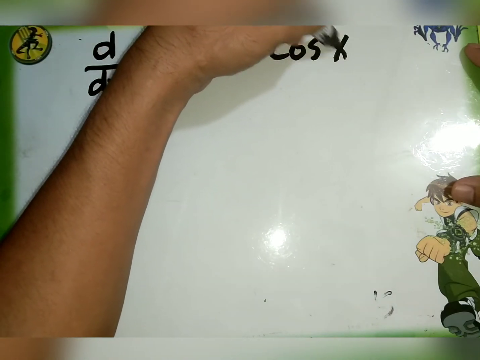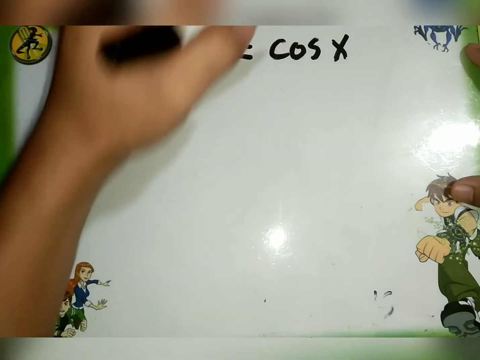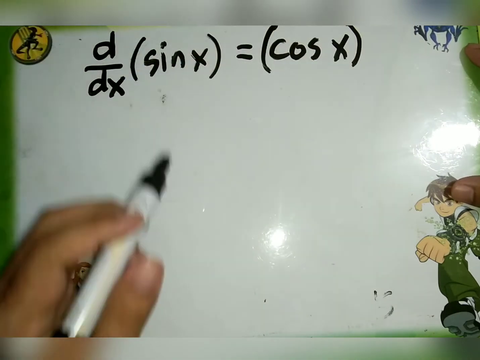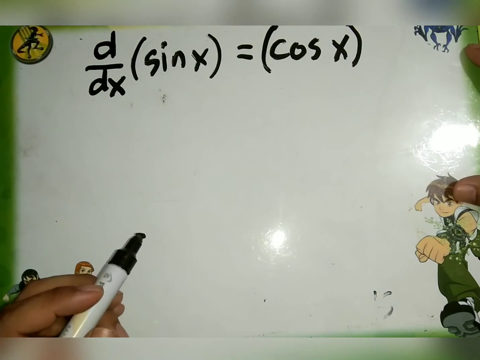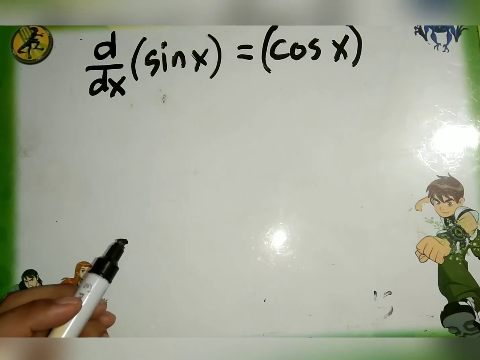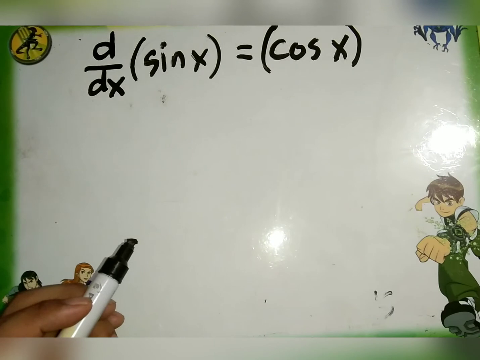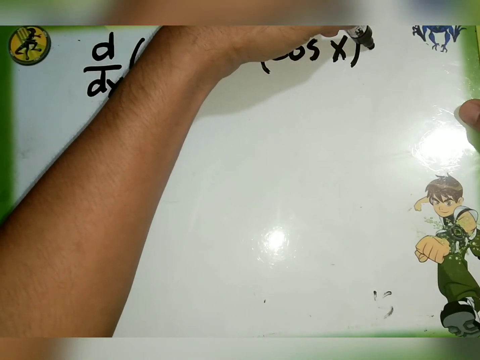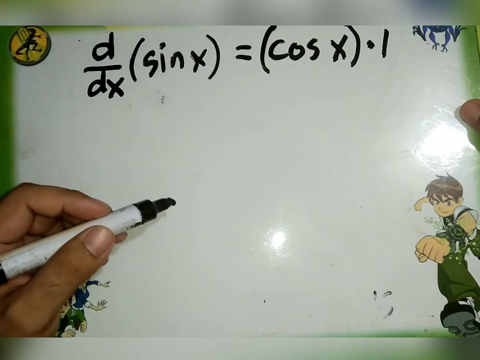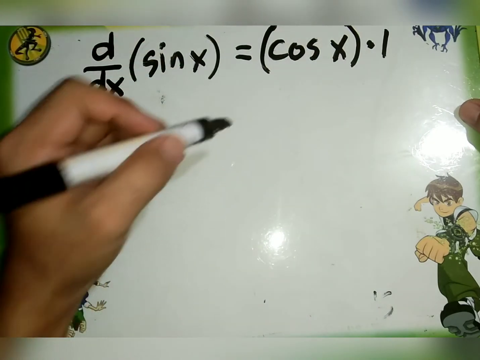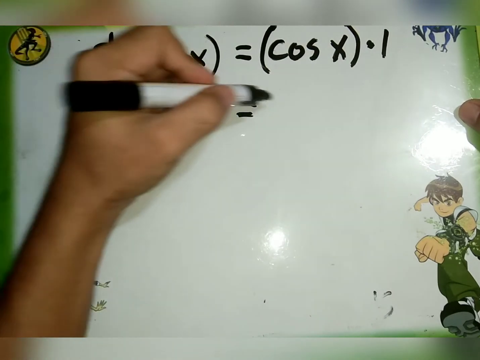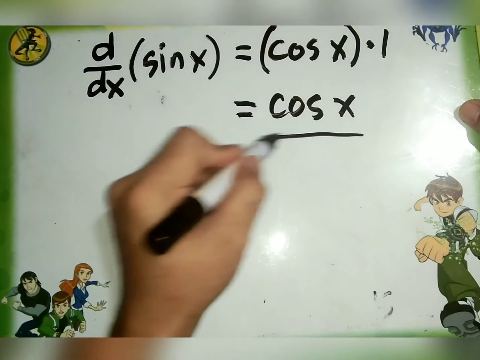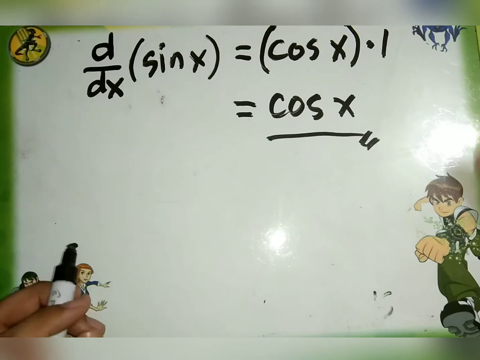Kopyahin nyo lang x. Then, kunin nyo naman, tapos multiply nyo yan dun sa derivative nung angle. Okay? Ano ba derivative nung x? Di ba 1? So, times 1. So, cosine x times 1 equals cosine x. So, this is the final answer.